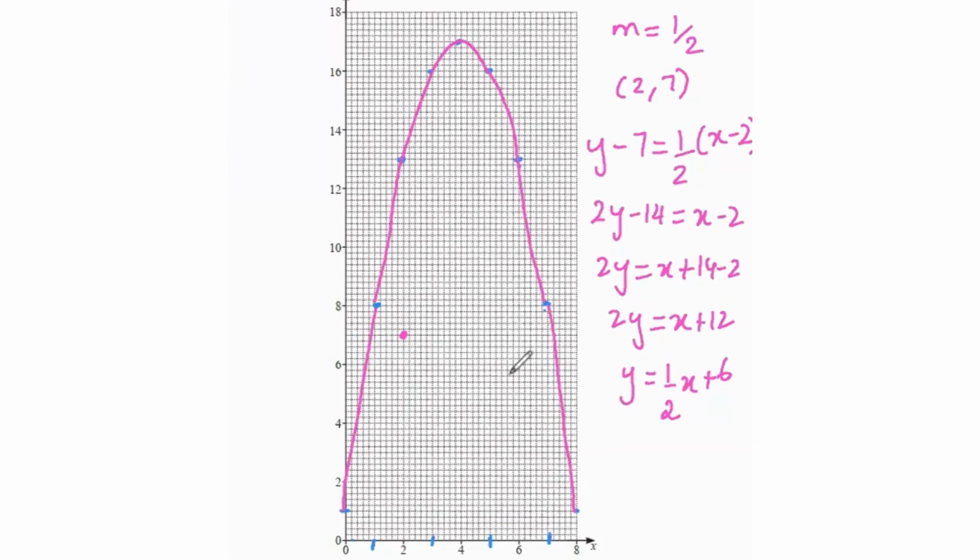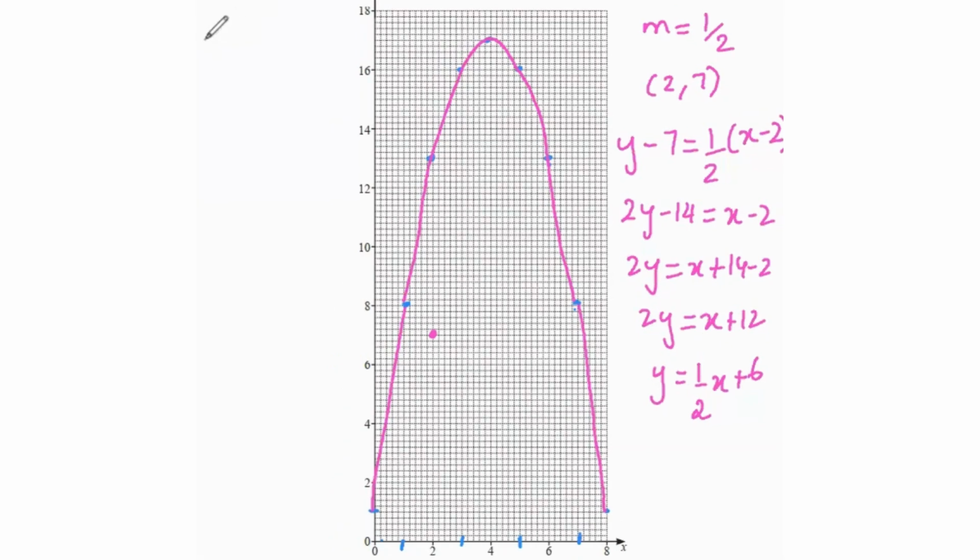And next point we can say is at x equals 8, y would be 1 over 2 times 8 plus 6, which is 4 plus 6, and that is 10.